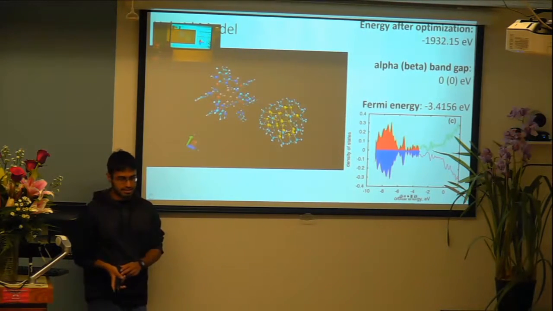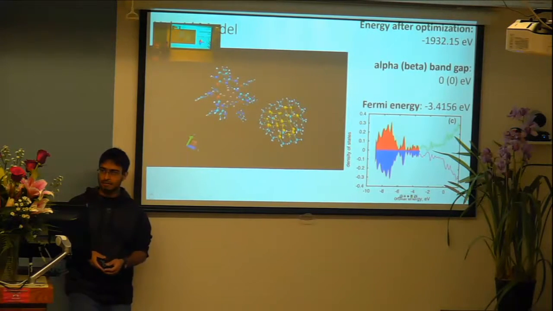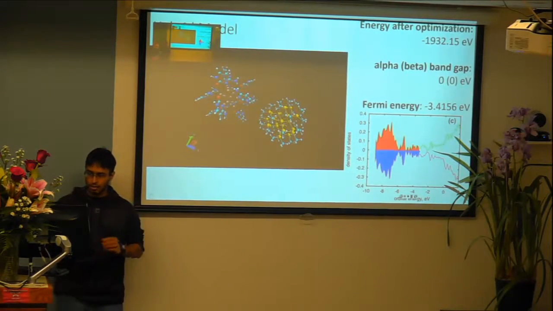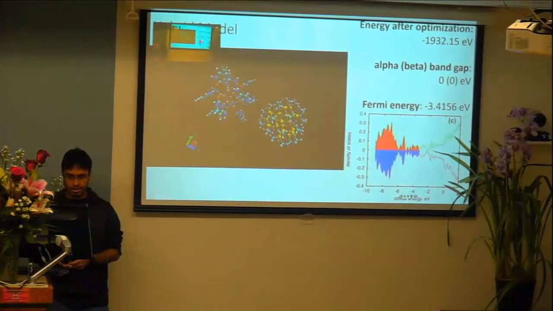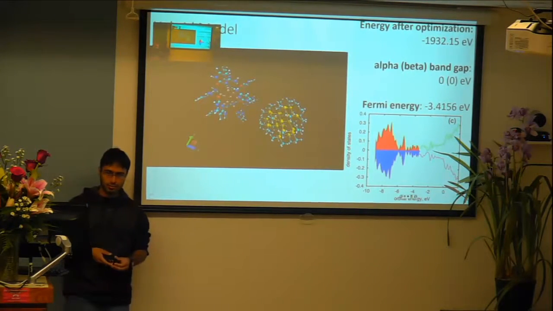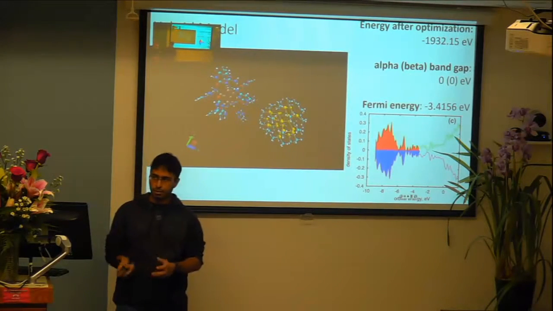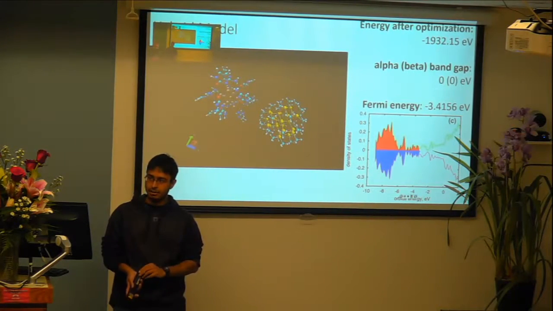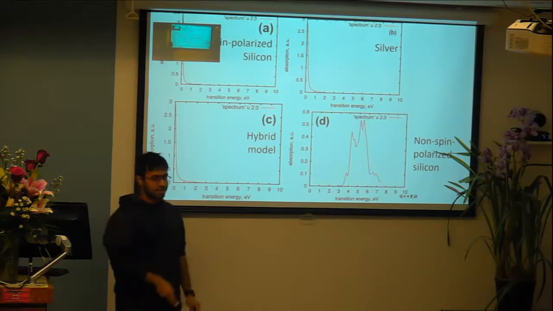So the band gap was essentially 0, which means that electrons did not need to have much energy in order to go from one state to the next state when you're trying to excite the electrons. And in order to combat this, one would need to oxidize the model more, or in other words, remove more electrons from the model in order to have these peaks appear at higher transition energies.